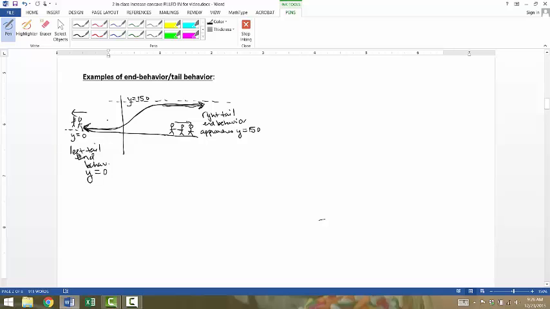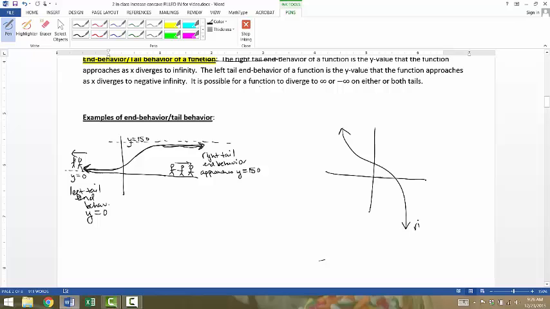Another example, on the right tail, the end behavior, we see that the function goes down, down, down towards negative infinity. We're saying as x gets higher and higher, as x diverges to infinity, the y values plunge down towards negative infinity.